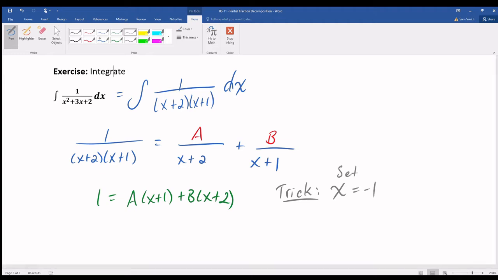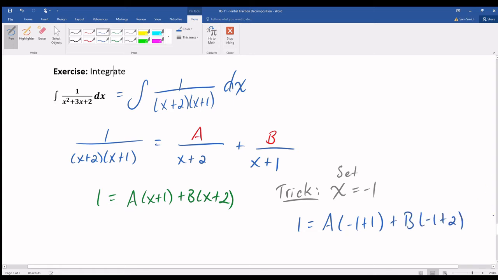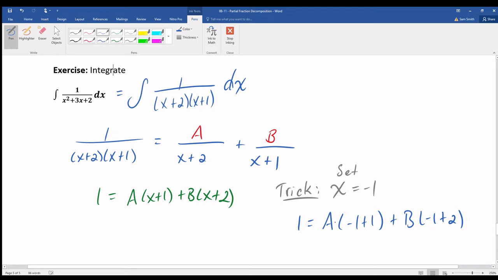If I do so, I get 1 equals A times (-1 plus 1), B times (-1 plus 2). And if I do that, I will end up with A times 0, so that's gone, B times 1, and therefore B itself must be 1.